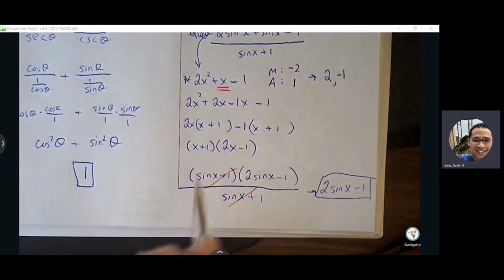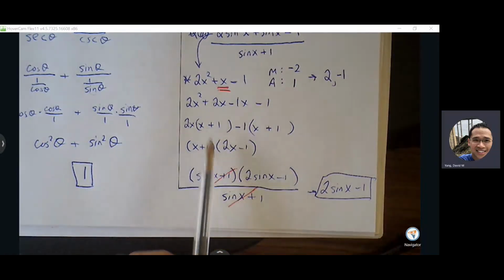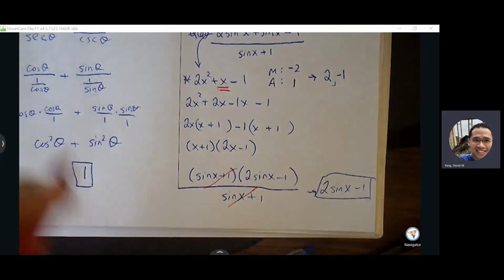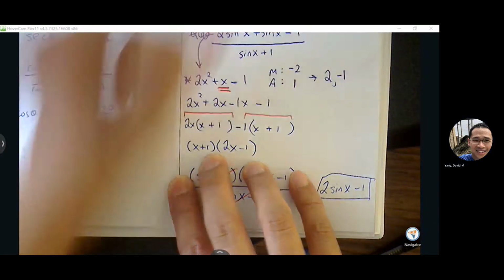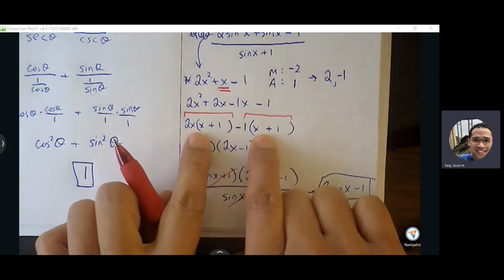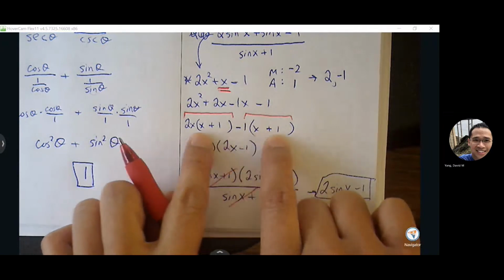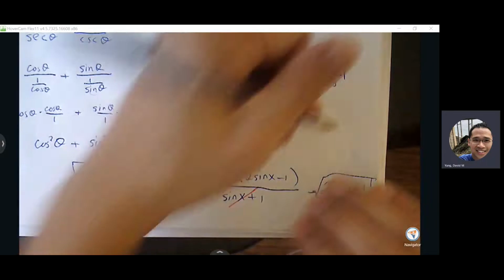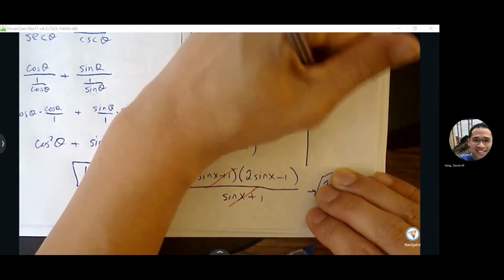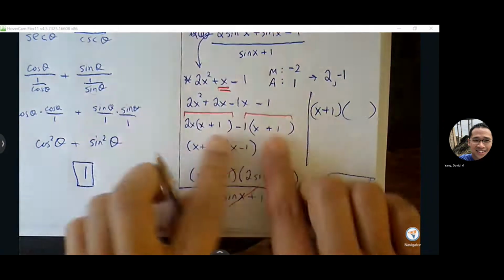When it went from the 2x, how did it get to the next step out of the 2x? Right, so this is what we did here. You see how these are two terms here? What's the GCF between these two terms? x + 1, right? So imagine taking x + 1 out from both those terms.